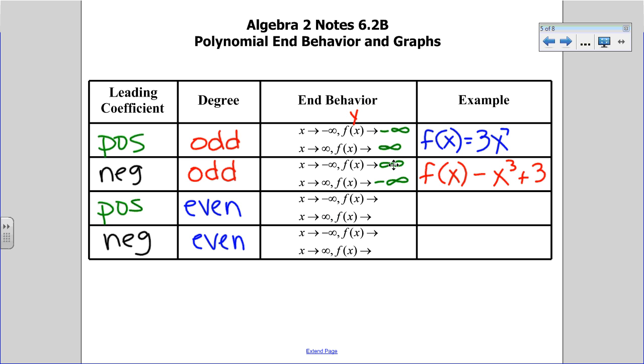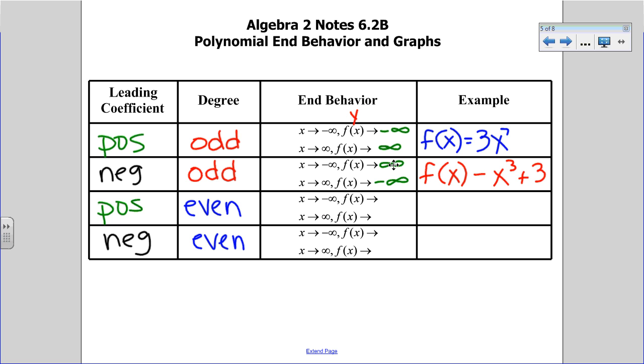You can have other terms in the problem, all right? But these are usually the ones that we struggle with the most. But what you need to keep in mind is that odds are opposite of each other. One is always positive while the other is negative. The same with our lines. One side was positive, one side was negative. They're always going in opposite directions. And to figure out that direction, you're going to multiply by your leading coefficient, okay?